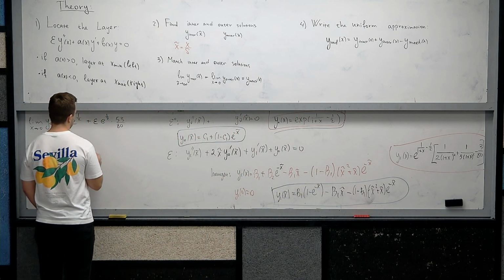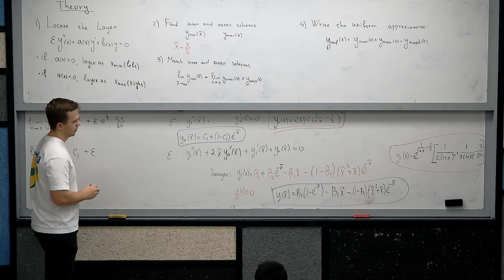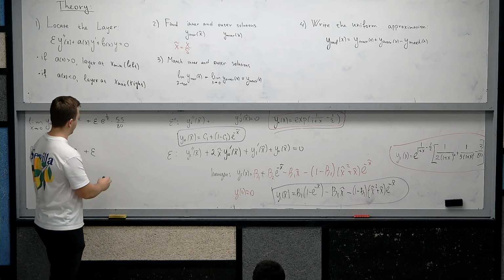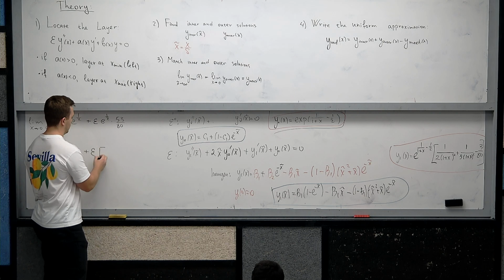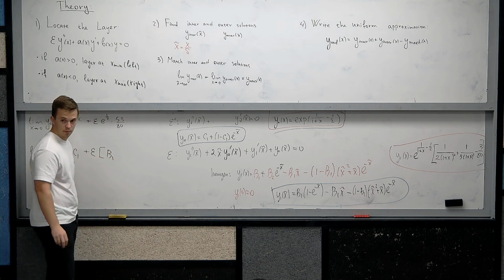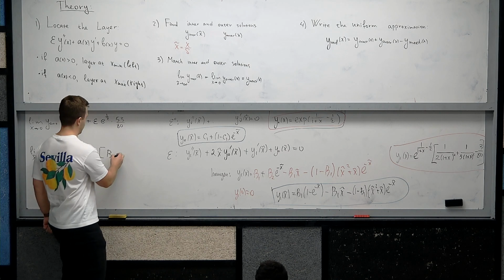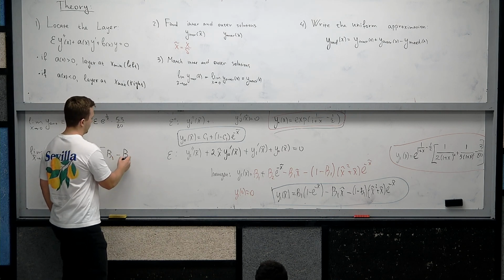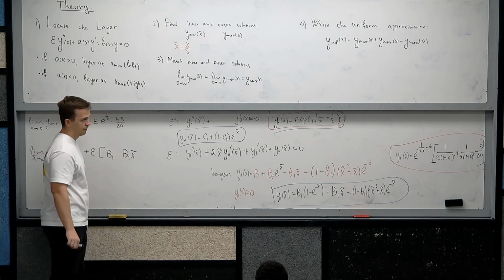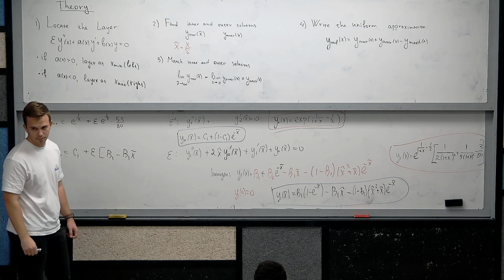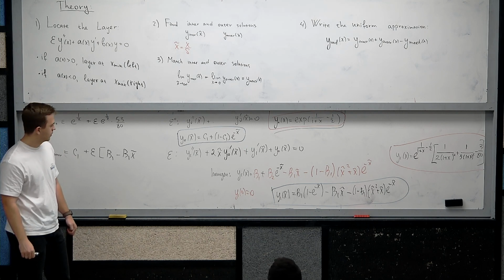So plus epsilon, then we have B1, right? Minus B1 x tilde, and the rest is 0 because the exponent goes to 0 faster than x goes to infinity. Okay.